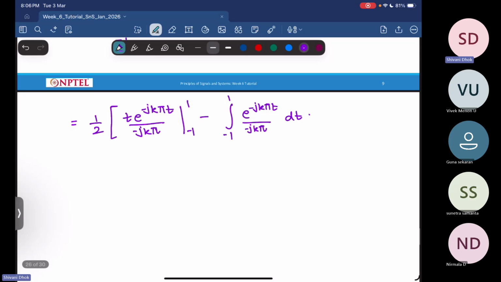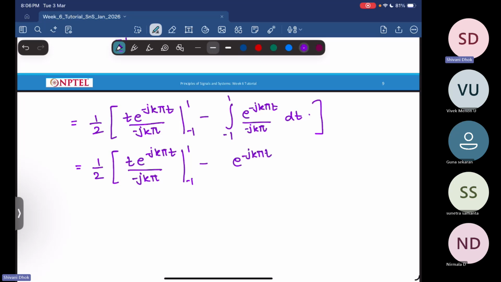So this becomes 1 by 2 into t e power minus j k pi t upon minus j k pi from minus 1 to 1, and here I have minus e power minus j k pi t upon (j k pi) whole square from minus 1 to 1.